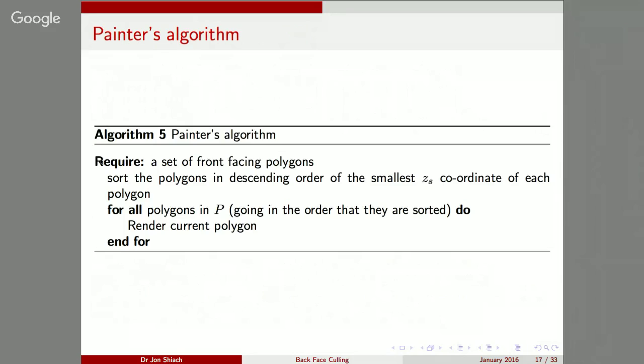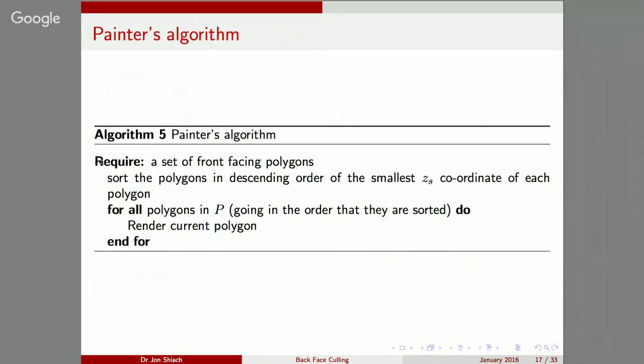So this is the algorithm. You require a set of front-facing polygons. Imagine you've already done back-face culling, so any polygon which is back-facing, you've removed it, and you're only left with the front-facing polygons. What we do is sort the polygons in descending order of the smallest z coordinate of each polygon.